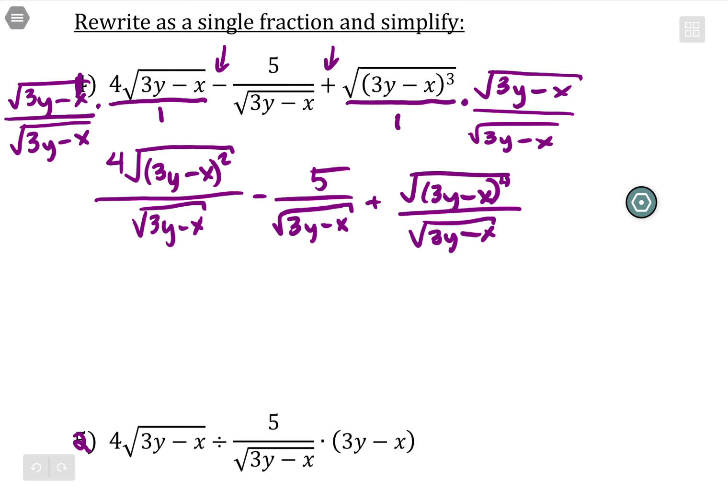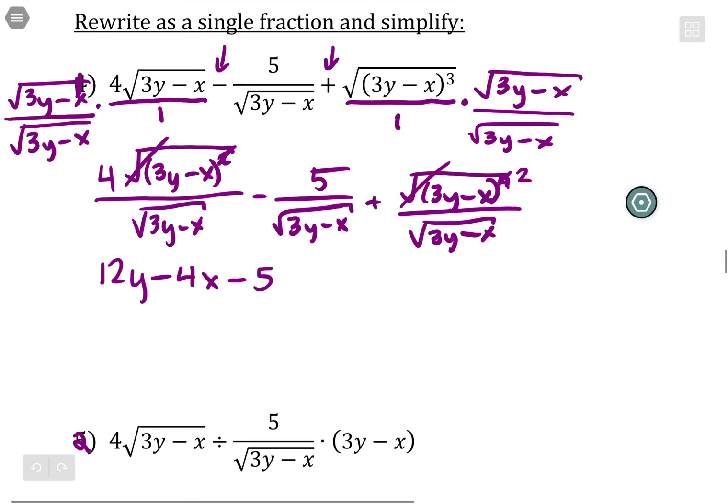Okay, so what's happening here that's nice is, here this 4 looks funny. The square root and the square are going to cancel. So what we really have is 4 times 3y minus x, which is 12y minus 4x. And then I'm going to go ahead and mush together. I have a minus 5. And then in the last one, this is a 4th power. So if you take the square root of something with the 4th power, you're going to get that thing squared.